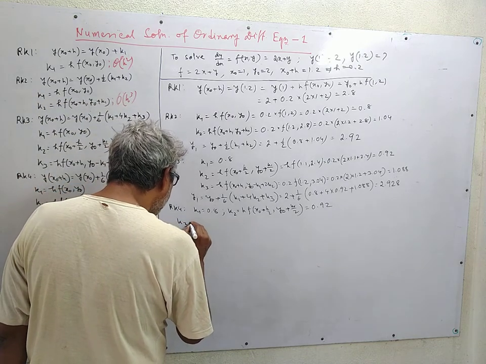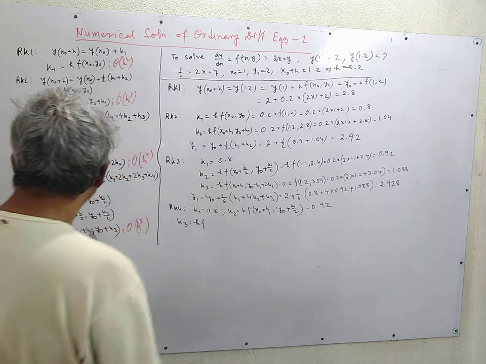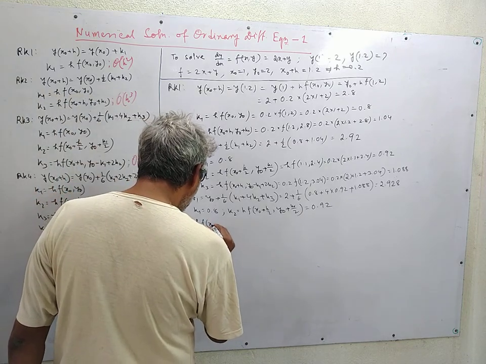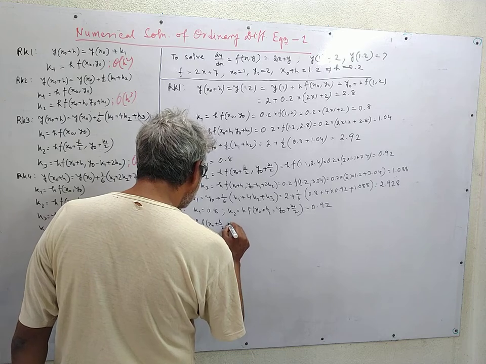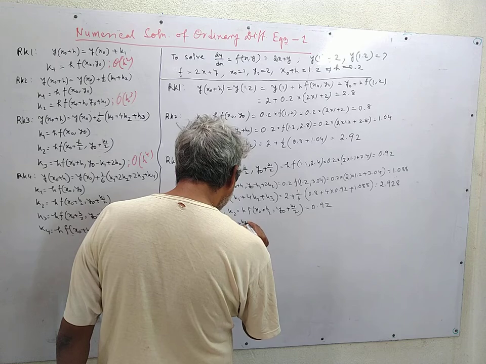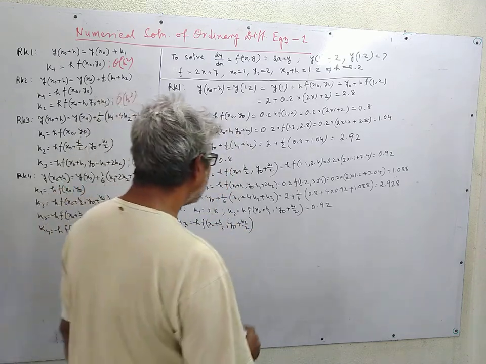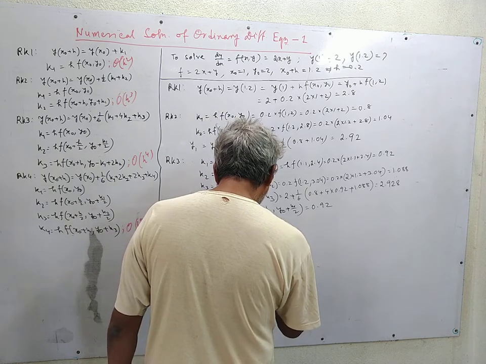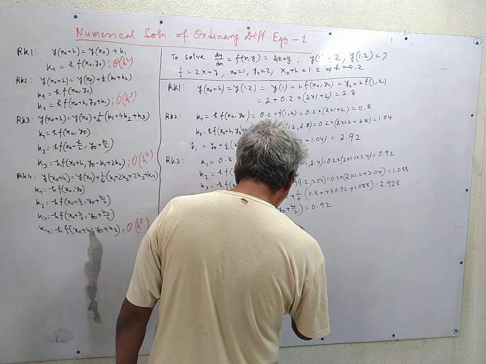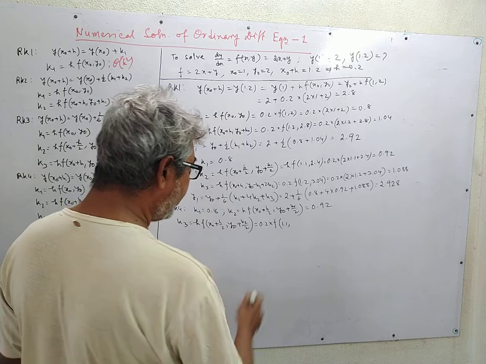K3 is different in RK3 and RK4. In RK4, this is h f of x0 plus h by 2, y0 plus k2 by 2. Now this is 0.2, x is equal to 1.1, y0 is 2 and k2 is 0.92.